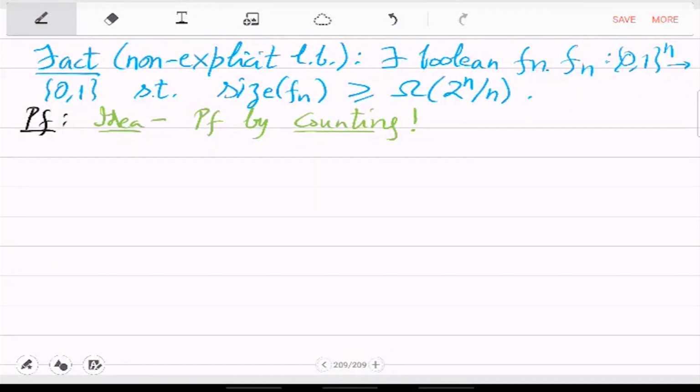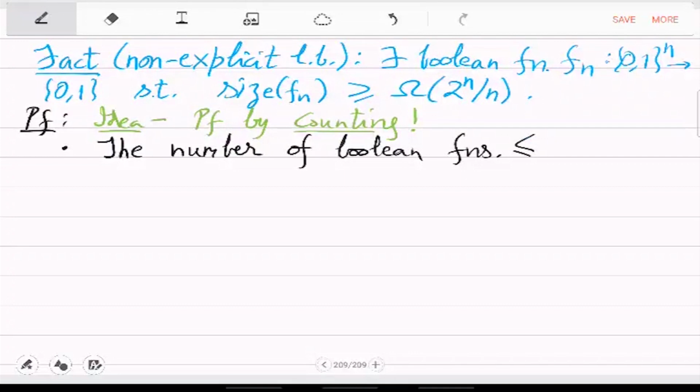So, here we will actually count circuits and we will count functions, and we will try to set up a mismatch. So, the number of Boolean functions is essentially, in fact, exactly equal to 2 raised to 2 raised to n.